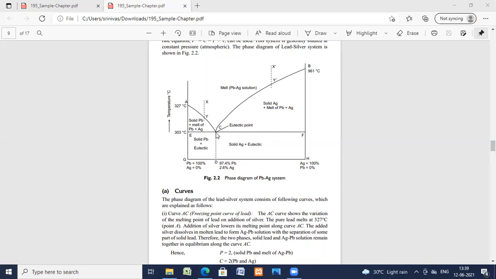The composition of the components at their eutectic point is called the eutectic mixture. And for the lead silver system, the eutectic composition is 2.6% Ag, 97.4% lead.